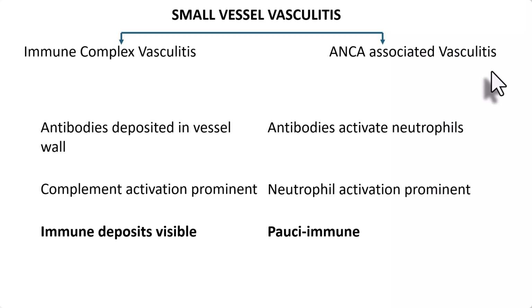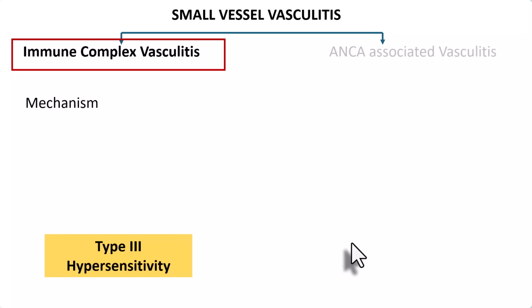The activation of neutrophils is the predominant feature in ANCA associated vasculitis. You don't find immune complexes that much as you see in immune complex vasculitis, and therefore it is called a Pauci-immune kind of vasculitis, right? So this is Pauci-immune, that is, immune deposits are scanty, not visible.